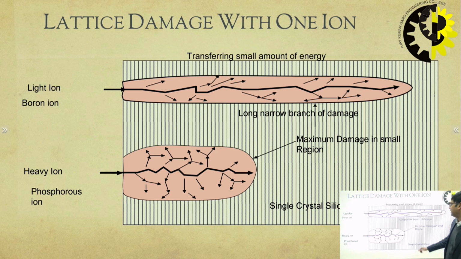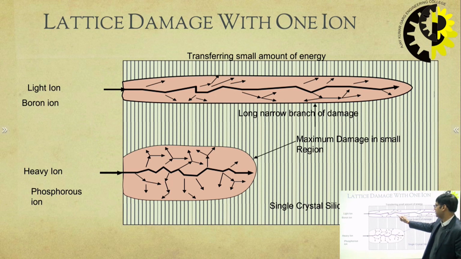In the lighter ion case, we can see that it causes damage to a greater depth because a lighter ion can travel longer, whereas a heavier ion causes damage in a shorter depth in the wafer, but it causes maximum damage in a small region.